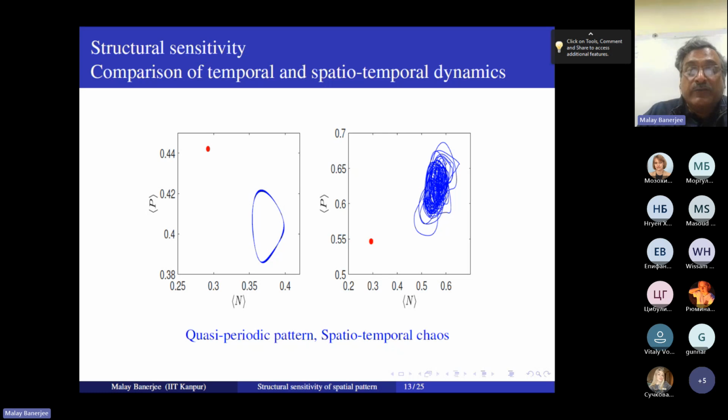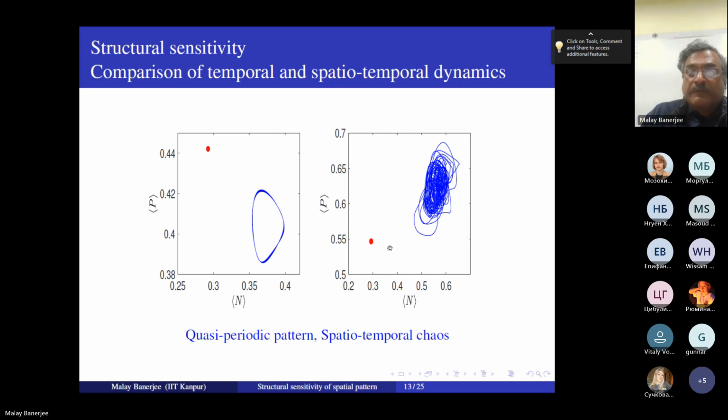Once we introduce diffusion into the system, we can find some oscillatory coexistence, and their population levels are quite different from the temporal counterpart. What we can observe is that the introduction of space increases the prey density at the coexistence state, but the predator population declines.